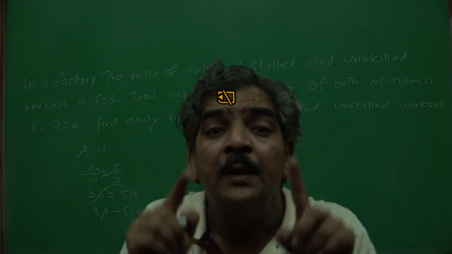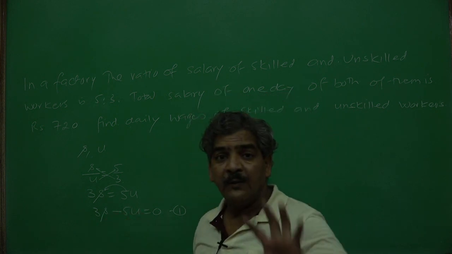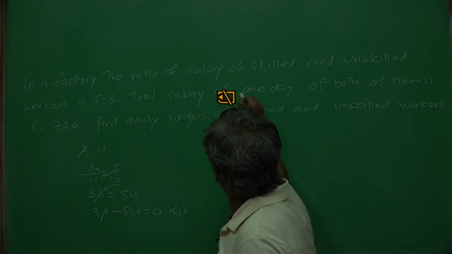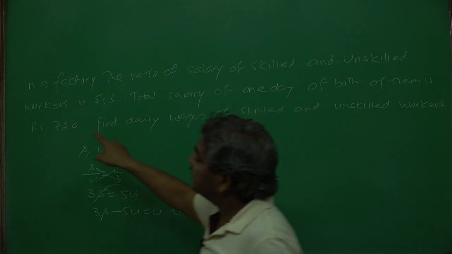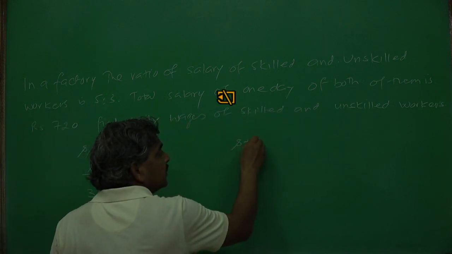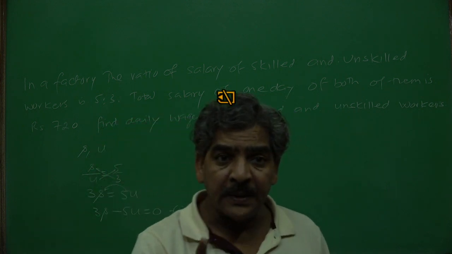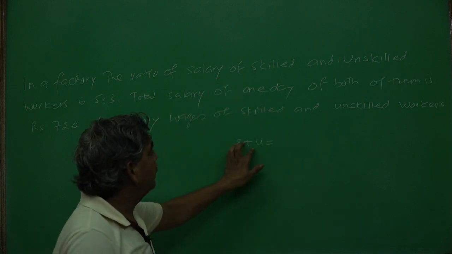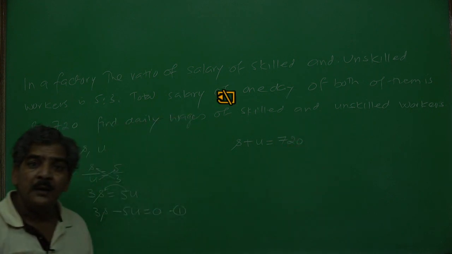Now I need one more equation in s and u, and for that one more piece of information is given. Total salary of one day of both of them is rupees 720. That is equal to what? S plus u is equal to the salary of skilled person and salary of unskilled person of one day, which is equal to 720.